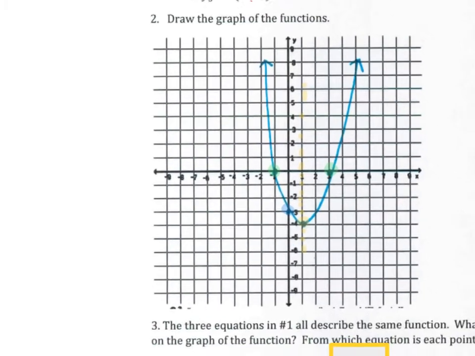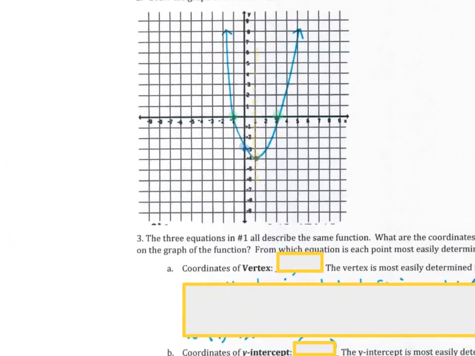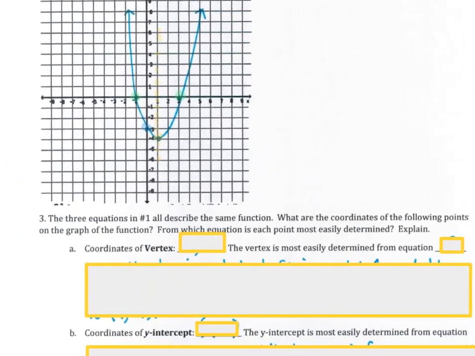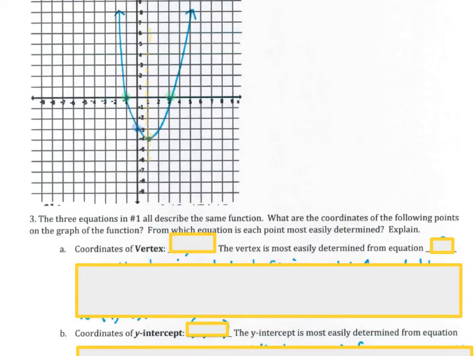Now let's go through and see what questions are being asked. Coordinates of the vertex. Well, the vertex is this point right here, which was (1, -4). Then it asks which equation that was most easily determined from. So I've got 1, -4.